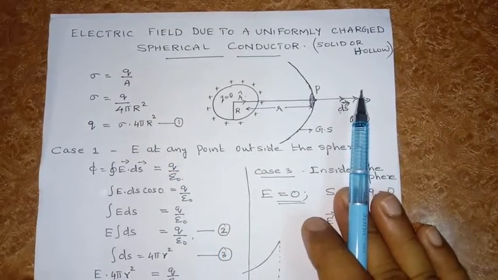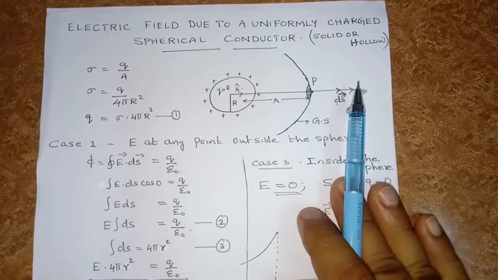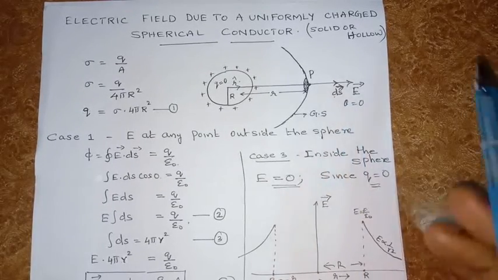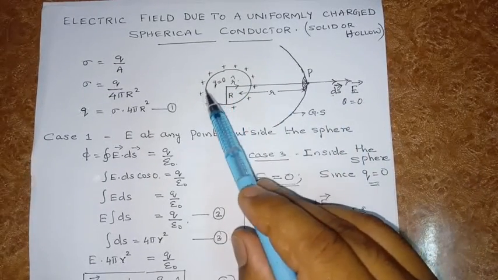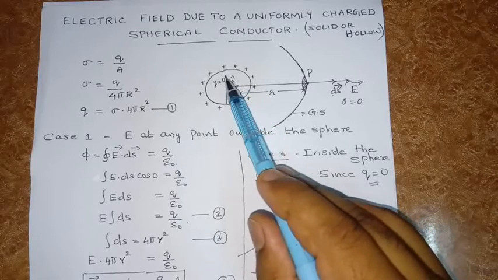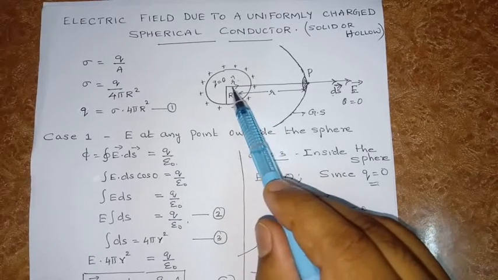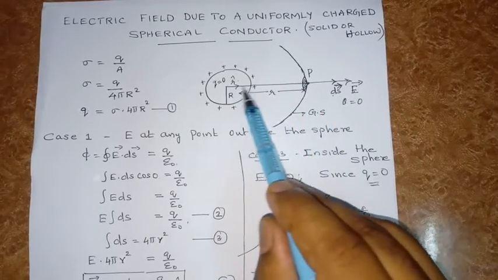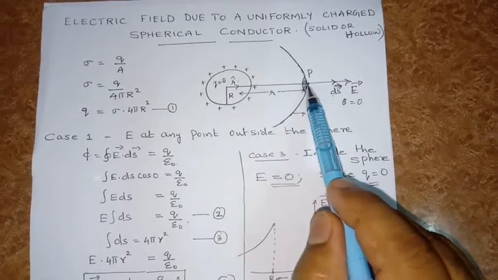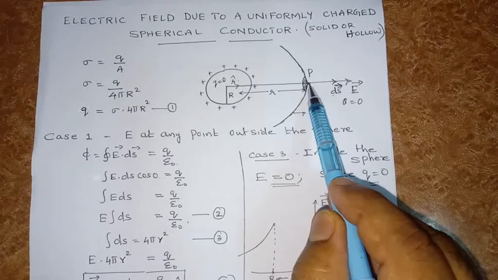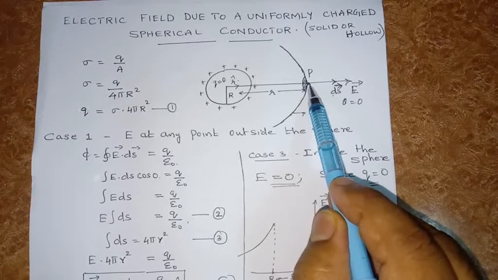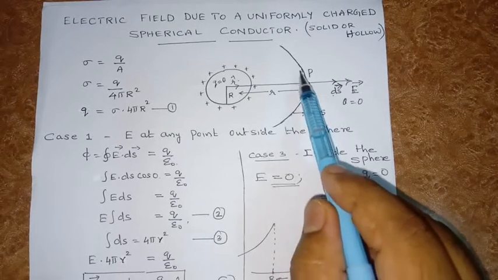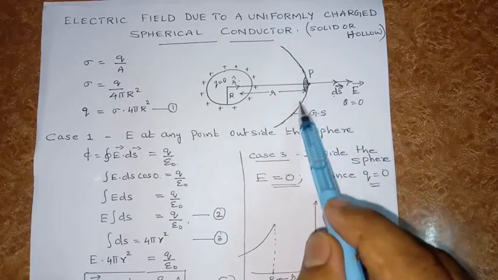Now case number 1, electric field at any point outside the sphere. So this is a sphere where the charge Q is given, and let us consider a point P at a distance small r from the center of the sphere where the electric field is to be obtained. In order to find the electric field at this point P, I have to construct a Gaussian sphere.